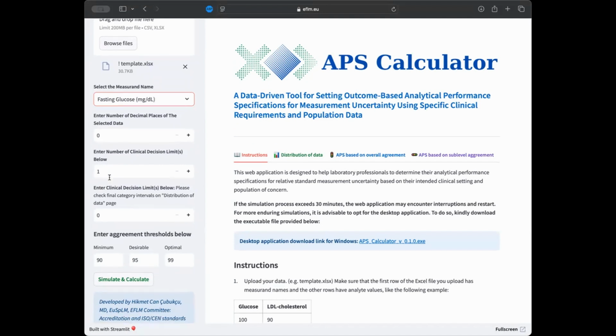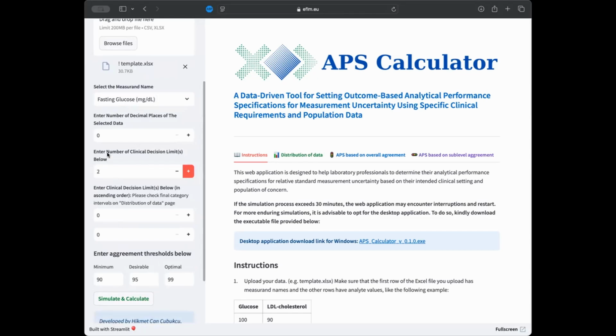And afterwards, I have to enter the number of clinical decision limits. So I have 2 clinical decision limits for this data, 100 milligram per deciliter and 126. But this web application categorizes the final clinical decision limit as higher than this level.